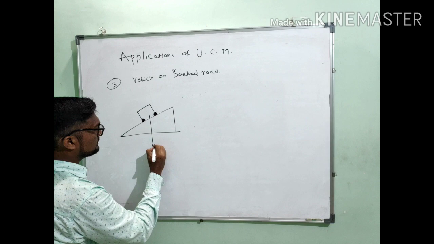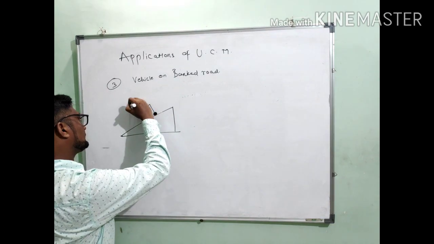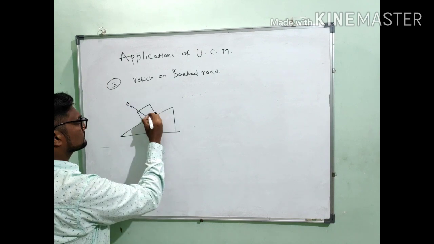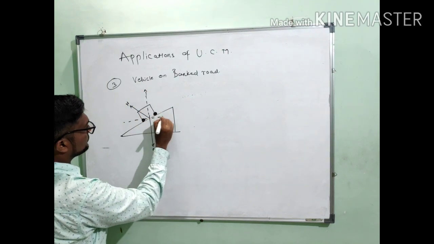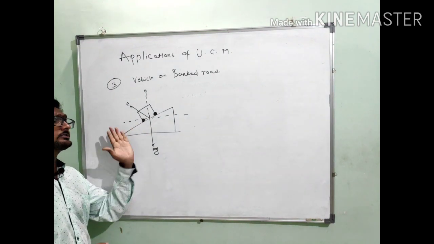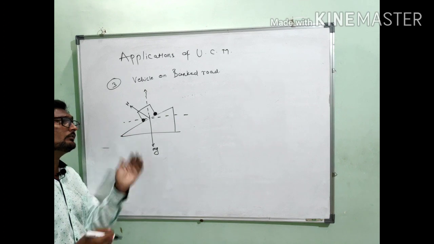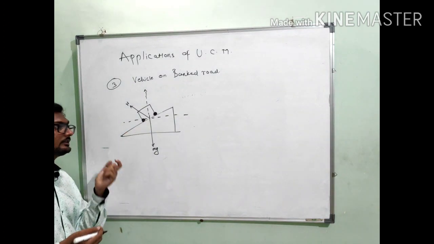Okay, mg is same over here, and perpendicular to the surface N is there. This is our vertical axis and this is our horizontal axis. In maximum velocity, the frictional force was acting towards the center.